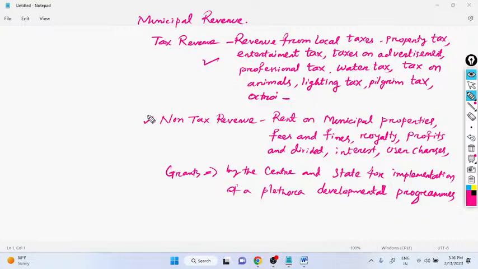Then number 5, loans, and devolution on the recommendation of State Finance Commission.